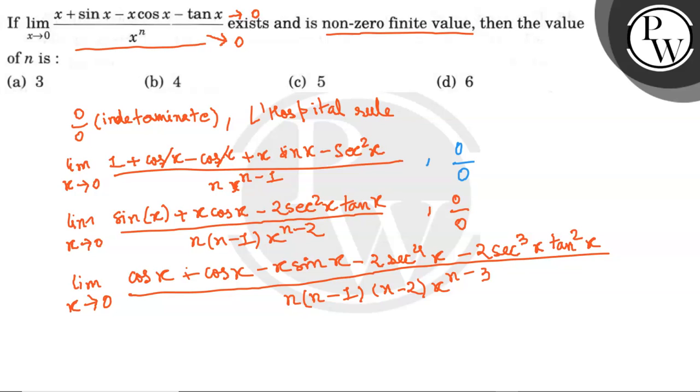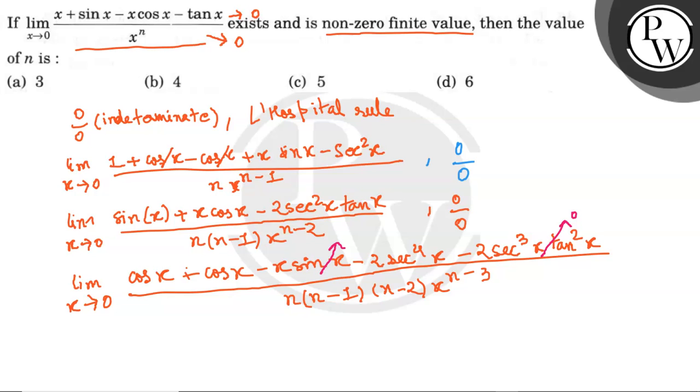So now if you apply the limit, you will see that this term goes to 0. The term with tan will also go to 0. Sec to the power 4 x is equal to 1, and cos x when x is equal to 0 is also 1.